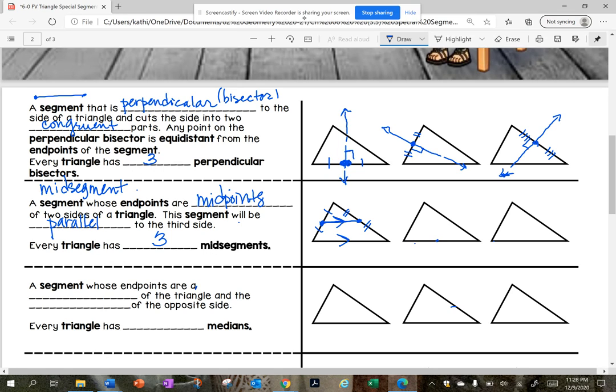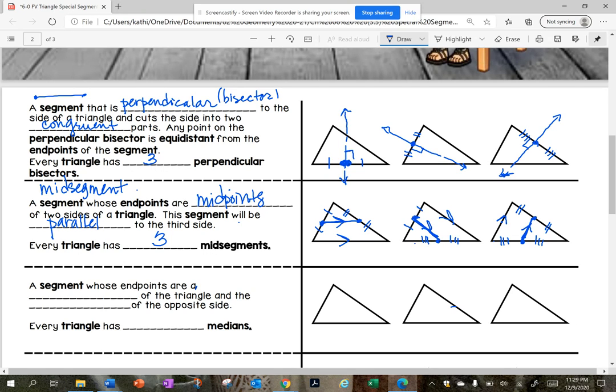And so let's try these two here. If I connect these, oops, I didn't draw it real good, but these two would be parallel. And on my last side here, so here would be a midpoint to a midpoint, and these two would be parallel.